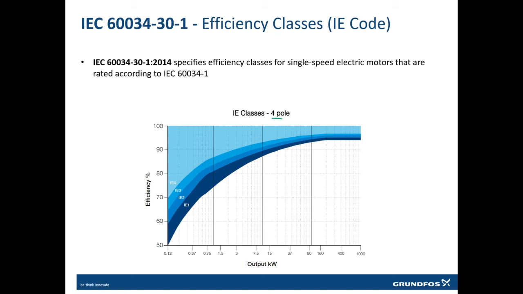Now for a 4-pole motor with an output of, for example, 7.5 kilowatt, if your efficiency is, for example, 90, that means 90 is here, and it will come as IE2. So these limits are given by IEC 60034, and the markings which you see, IE2, IE3, IE4, are defined in this 30-1.